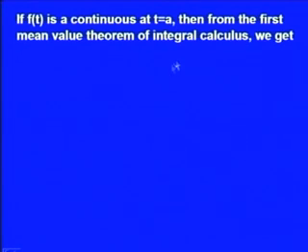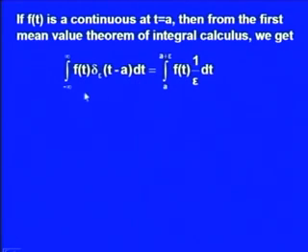Now, if f is assumed to be continuous at t equal to a, then from the mean value theorem of integral calculus, we get the integral over minus infinity to infinity of f t into delta epsilon t minus a dt equal to the integral of f t into 1 by epsilon dt, because delta epsilon t minus a assumes value 1 by epsilon over the interval a to a plus epsilon, and elsewhere it is defined as 0.